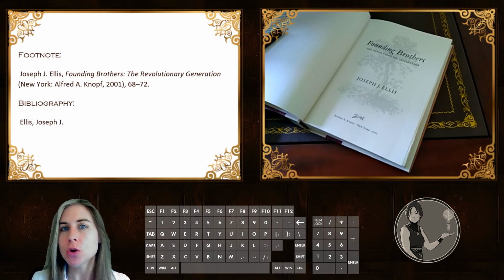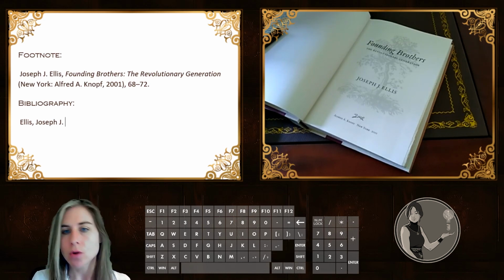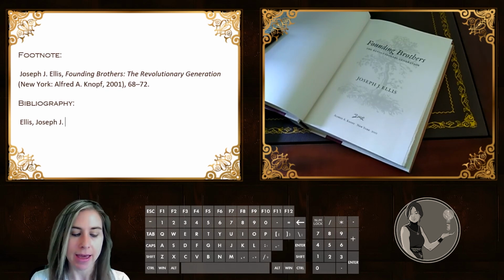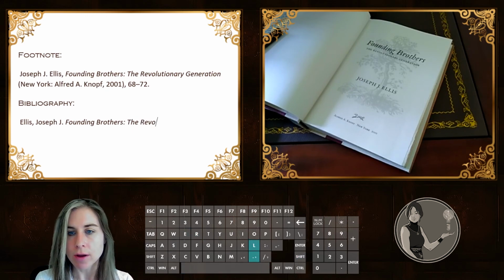Well, if a footnote is a sentence, a bibliography entry is a paragraph. A paragraph specifically with 3 sentences. The first sentence is the author, the second is the title, and the third is the publication information. So, our second sentence is our title, and that's exactly the same as in our footnote. Putting it into italics, Founding Brothers, the Revolutionary Generation.